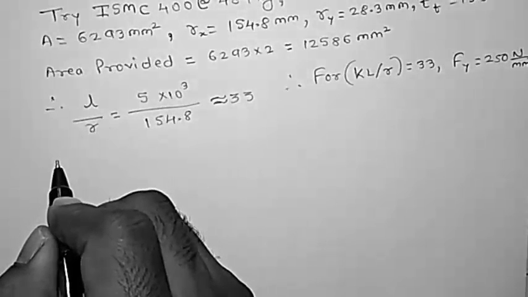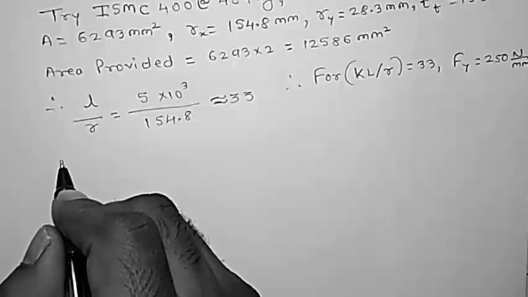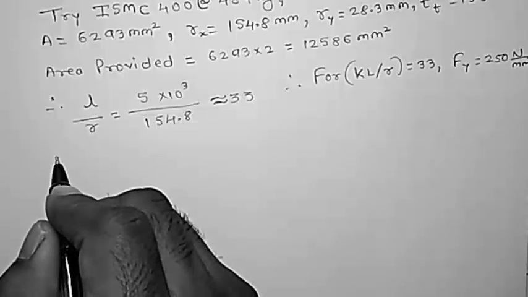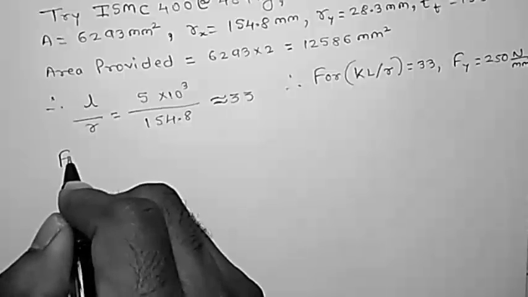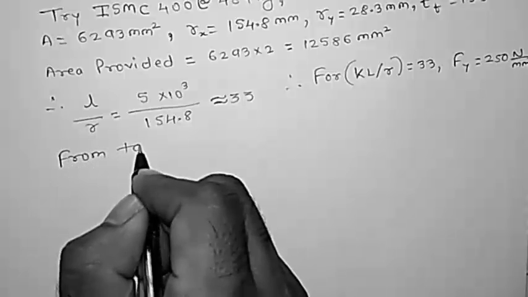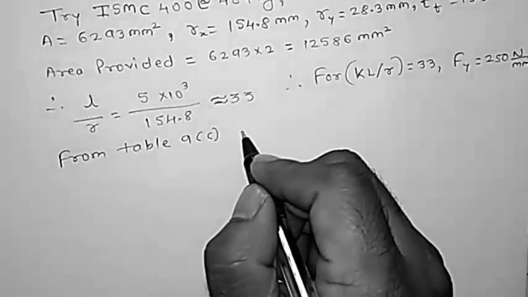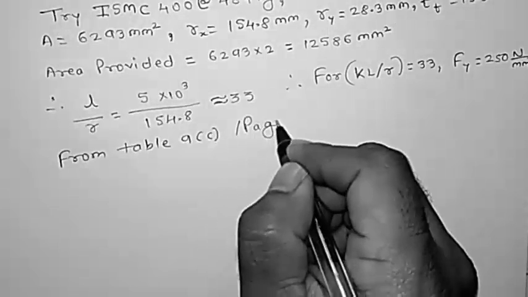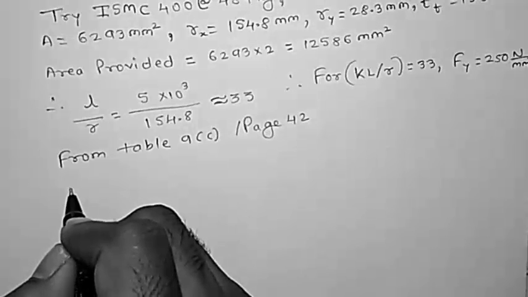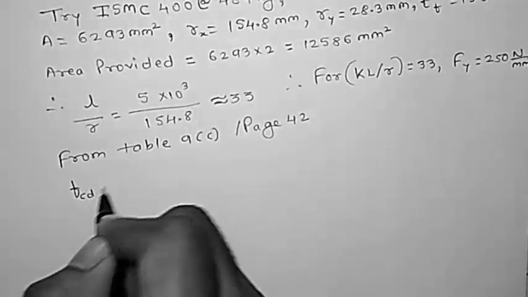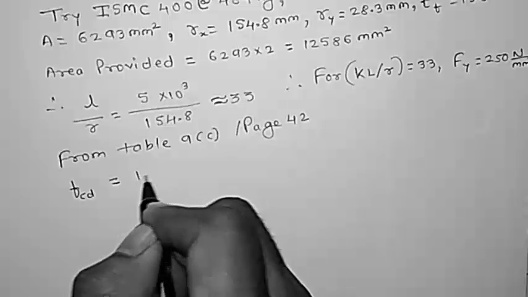So you can write here from table number 9C, page number 42, we have this FCD. We will directly go through the interpolation part.